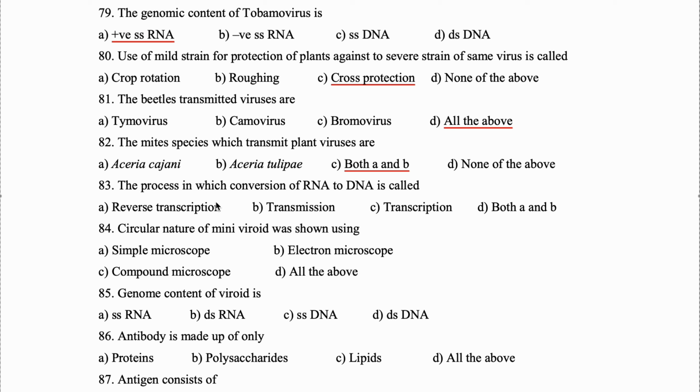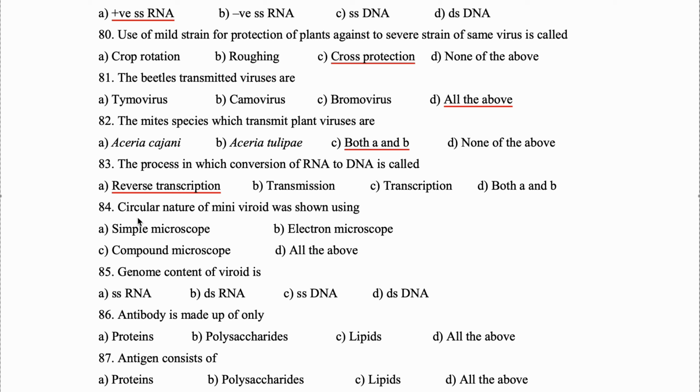The process of conversion of RNA to DNA. Normally in the central dogma, we see DNA to RNA, that is called transcription, and RNA to protein, the process is called translation, right? But when we see it opposite, from RNA to DNA, we call it reverse transcription.